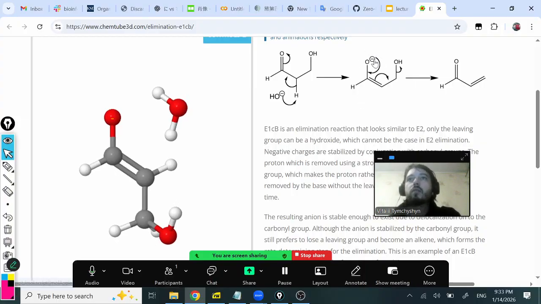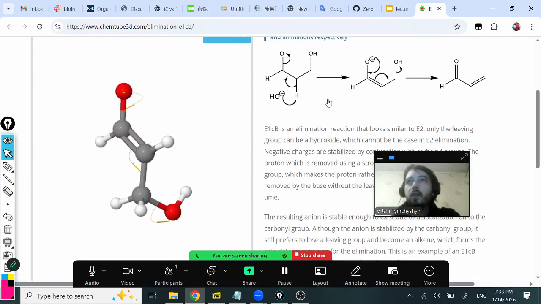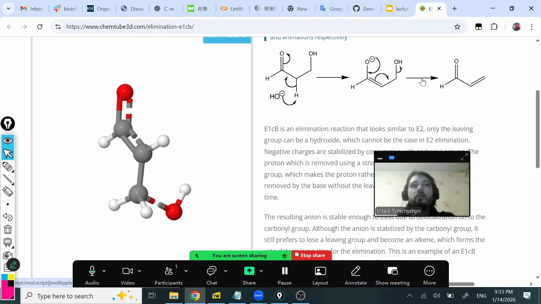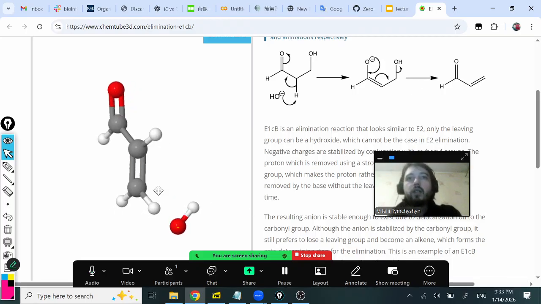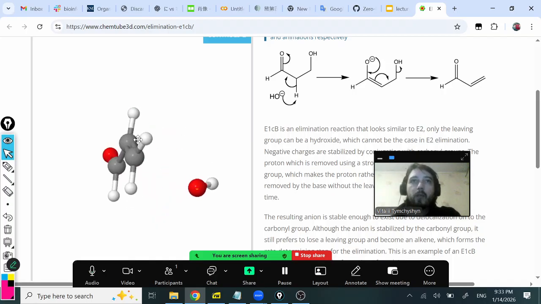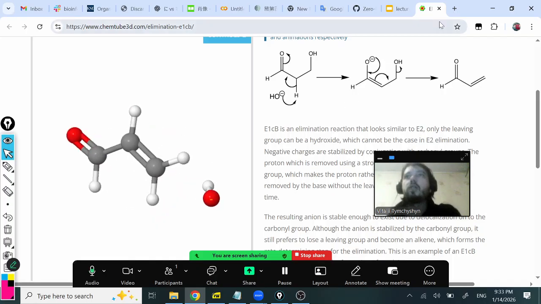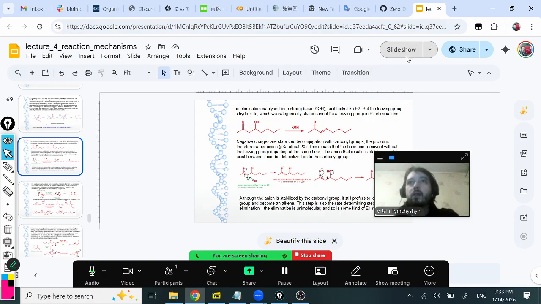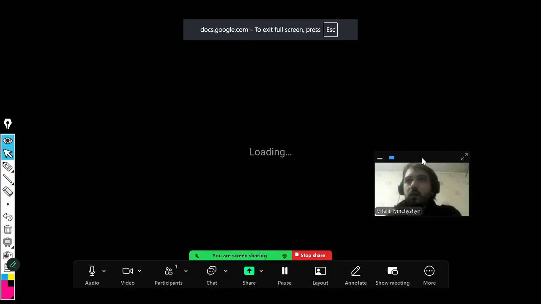So here you see some negative charge on the oxygen, and now the leaving group is trying to leave. Here it leaves, and this is a poor leaving group like OH minus, but in this case it was able to leave through the E1CB mechanism. Good.